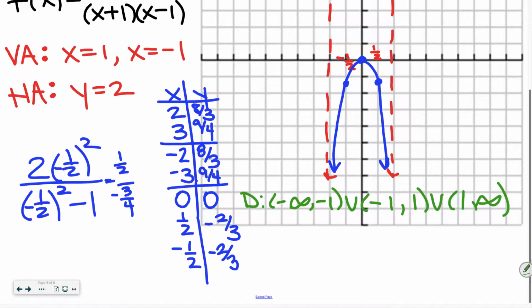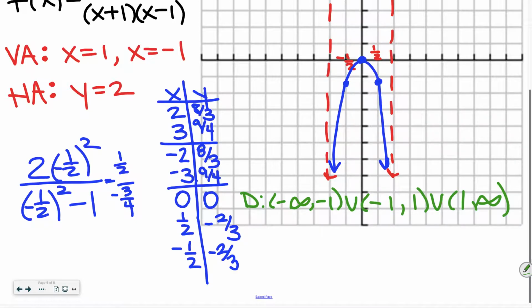Also, the range is not as simple as everything except 2. Look at your y values. Is there a gap? Yeah. If we work from the bottom up, where do our y values stop? 0.